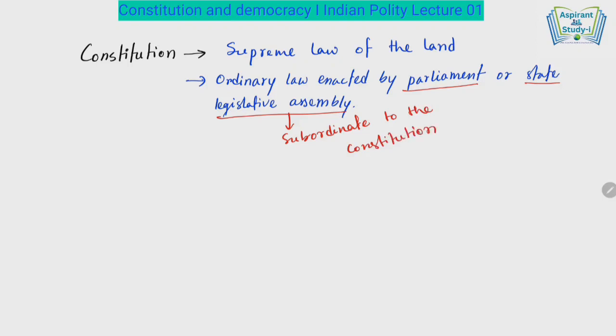Okay. Also, constitution defines the power of every organ of the government.